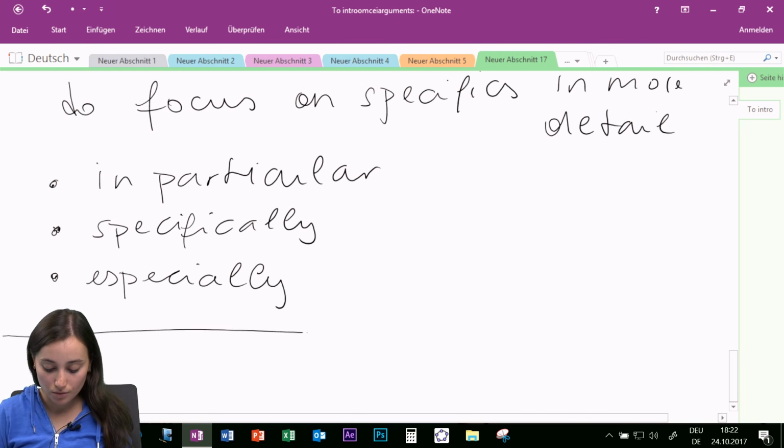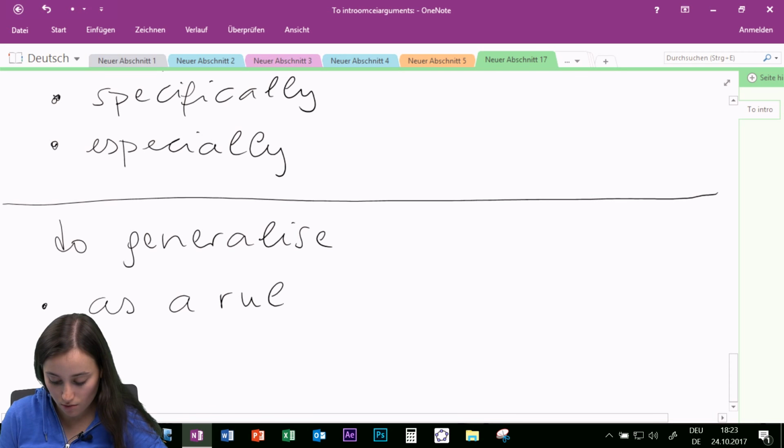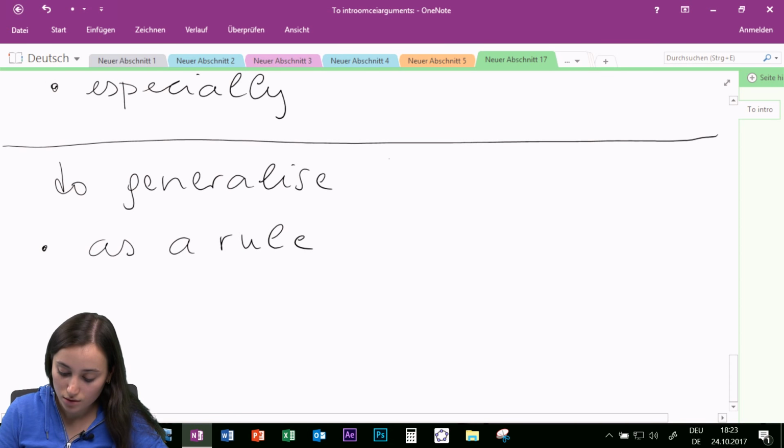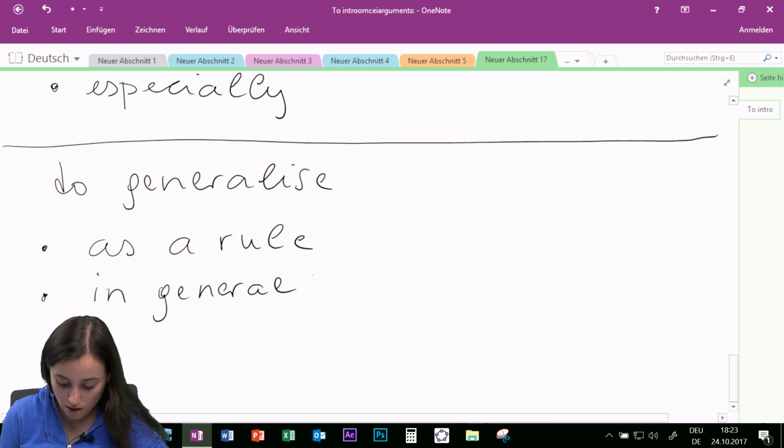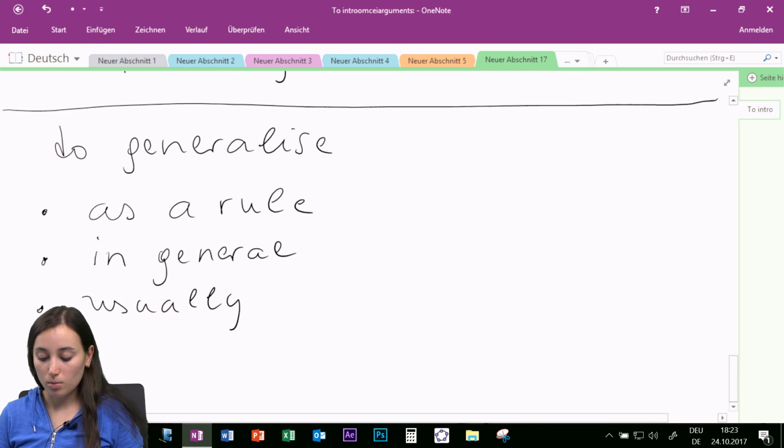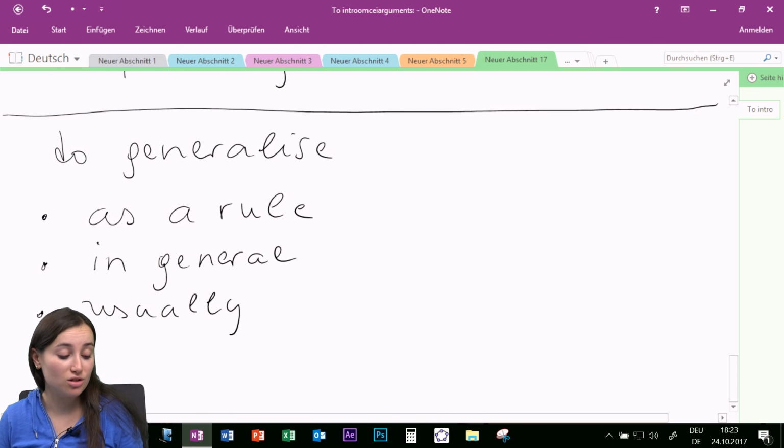To generalize, okay, as a rule. So, in general, of course. Usually, so you could say that tourists usually prefer warmer holiday destinations than colder ones.